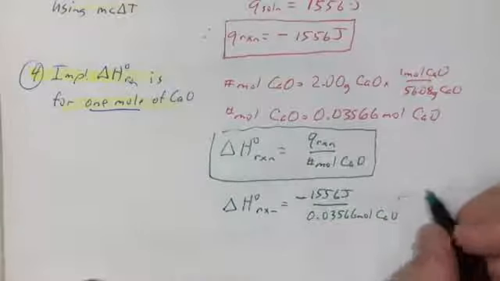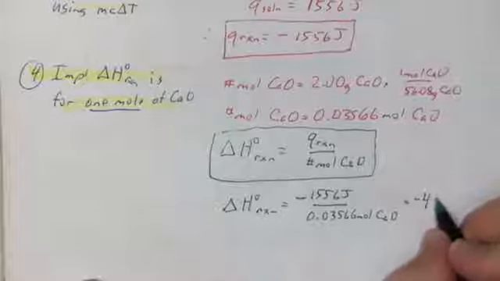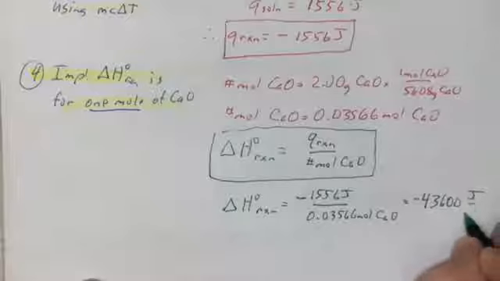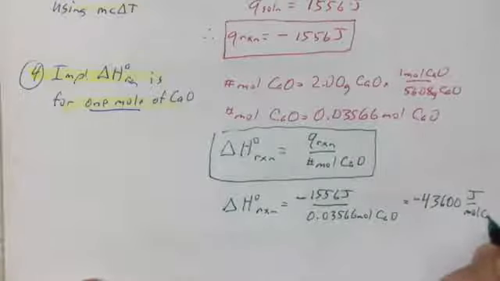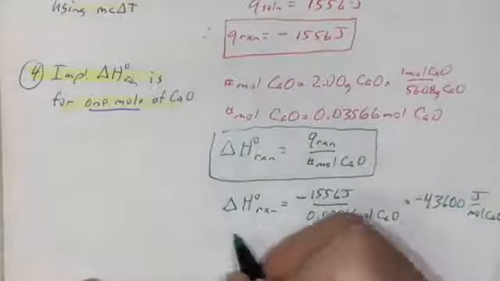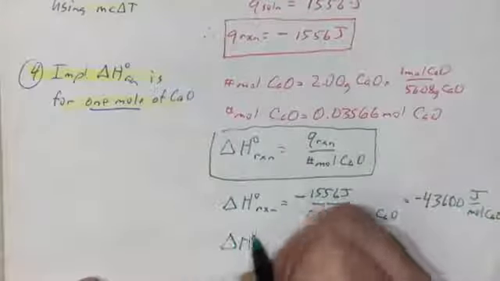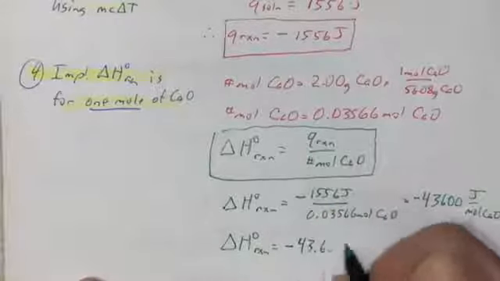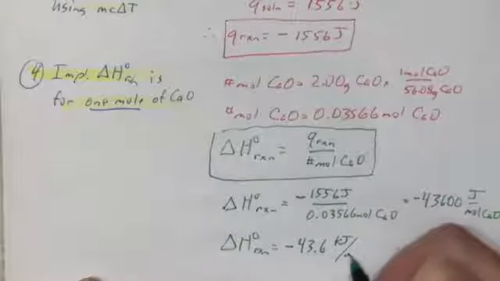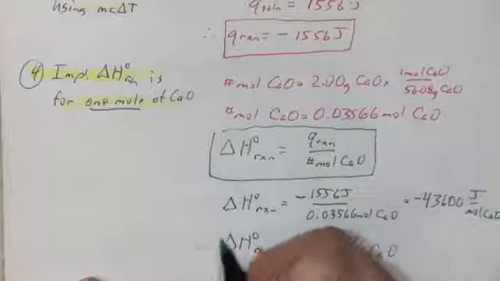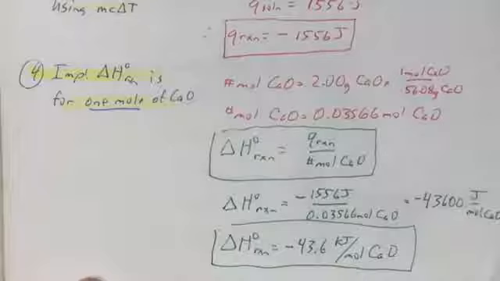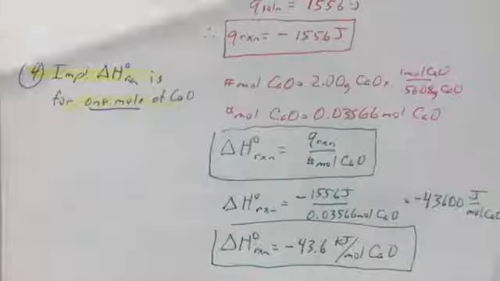That calculates out to be negative 43,600 joules per mole of calcium oxide, or the delta H of the reaction is equal to negative 43.6 kilojoules per mole of calcium oxide. And that means that the answer to this question ends up being choice B.